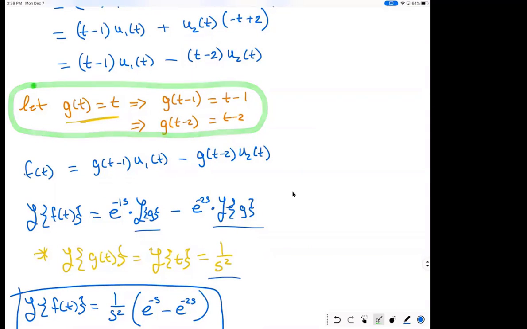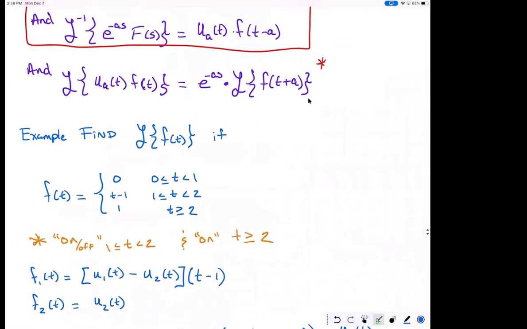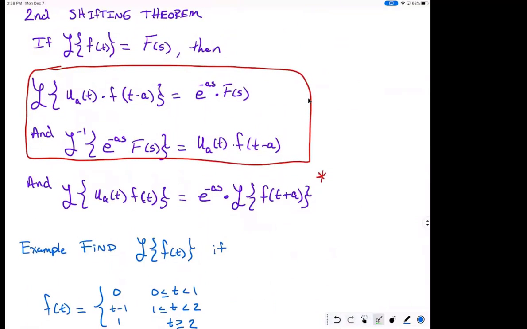So the reason I chose to do a substitution in the first place is because my shifting theorem tells me that if I have a u sub a of t multiplied by a function of t minus a, and those a's are the same, so this t minus a is what I'm looking for, right?